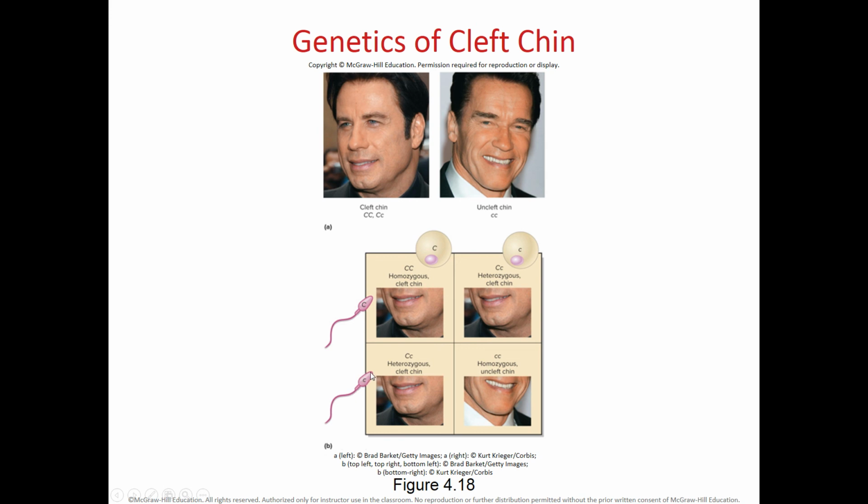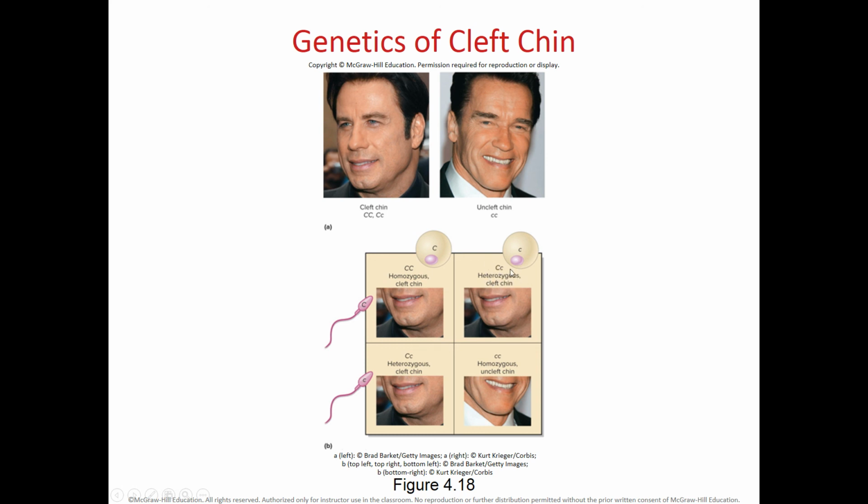So what are the chances when you have these egg cells and these sperm cells combining? When you have two dominant Cs, you will have a homozygous cleft chin. And then when you combine this dominant C from the sperm and this recessive c from the egg cell, you will have heterozygous.